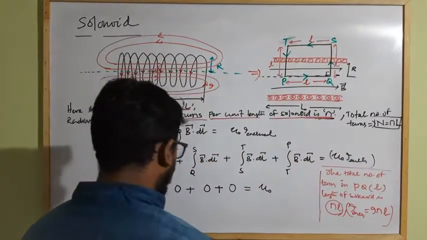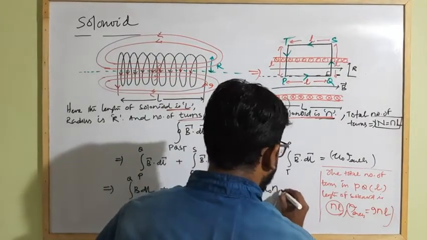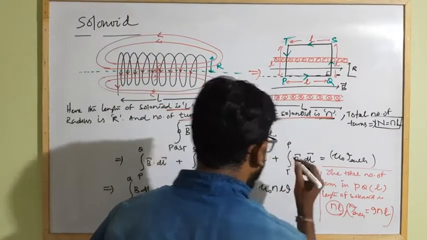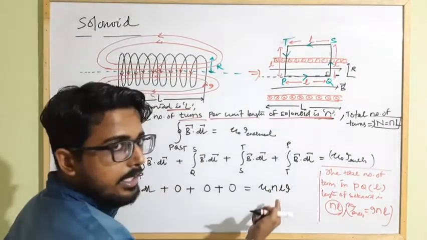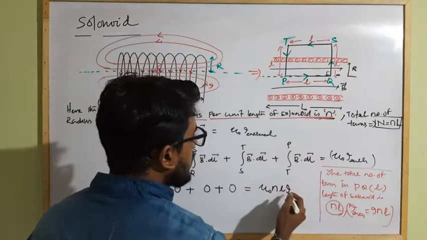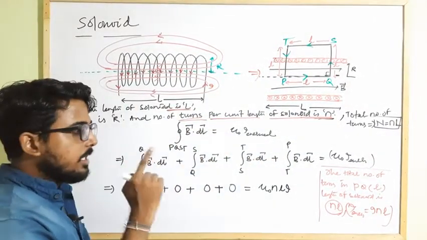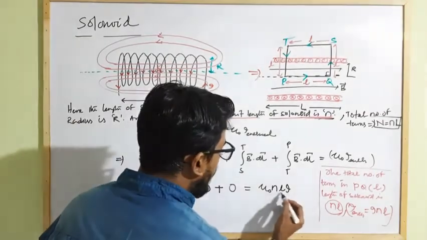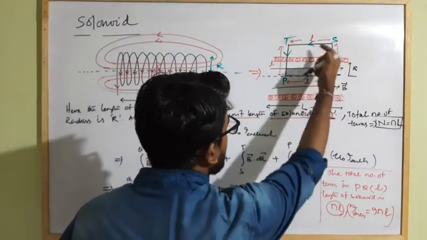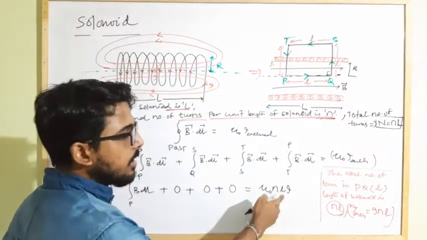So here we can write mu naught into n l into I. n is the number of turns per unit length, l is the length of the Ampérian loop, and I is the current carried by a single turn or single coil, and this will be the total number of turns present within the Ampérian loop.